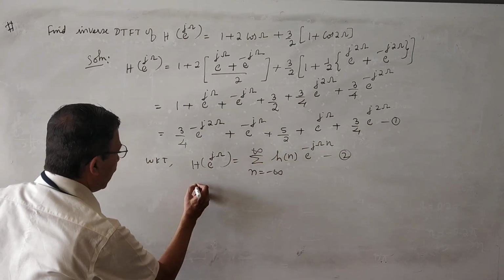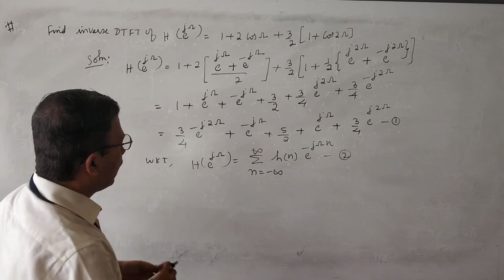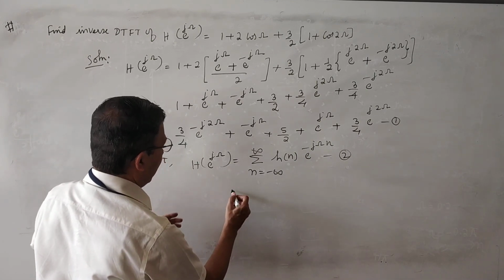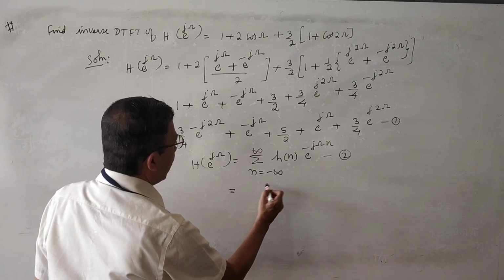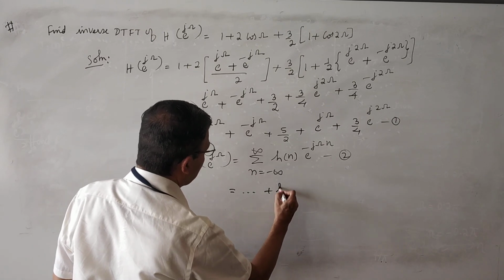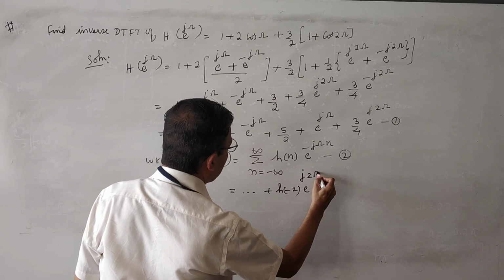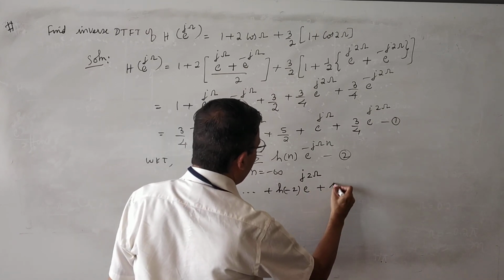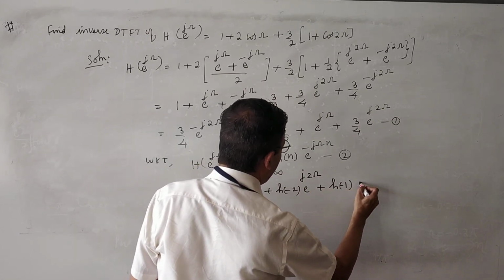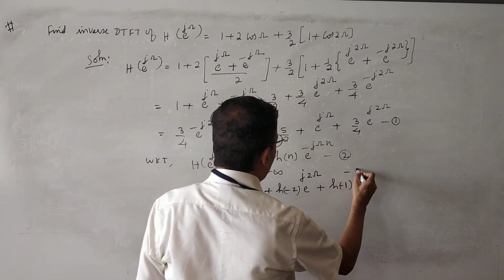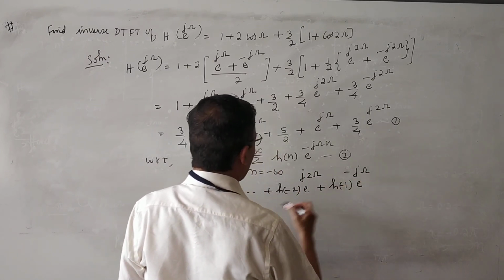So comparing 1 and 2, I repeat again. This summation, if you expand, we'll understand better. When n is minus 2, you get h of minus 2 e to the power j times 2 omega. When n is minus 1, you get h of minus 1 into e to the power j omega.